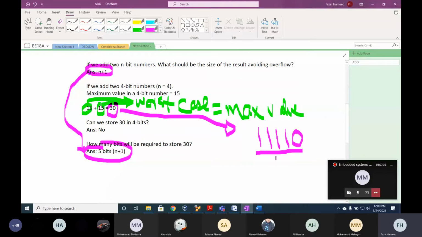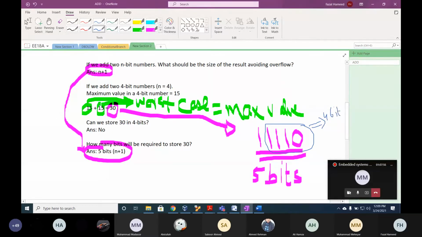How many bits are there? 5 bits. And if you use only 4 bits, this is actually equal to 14, not 30. So at least you need 5 bits to represent 30.